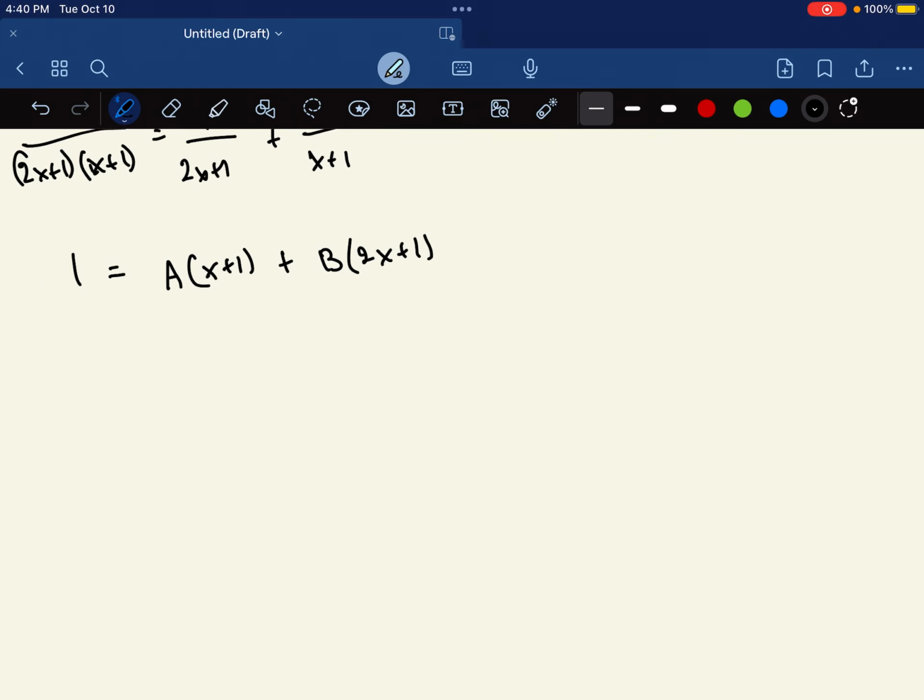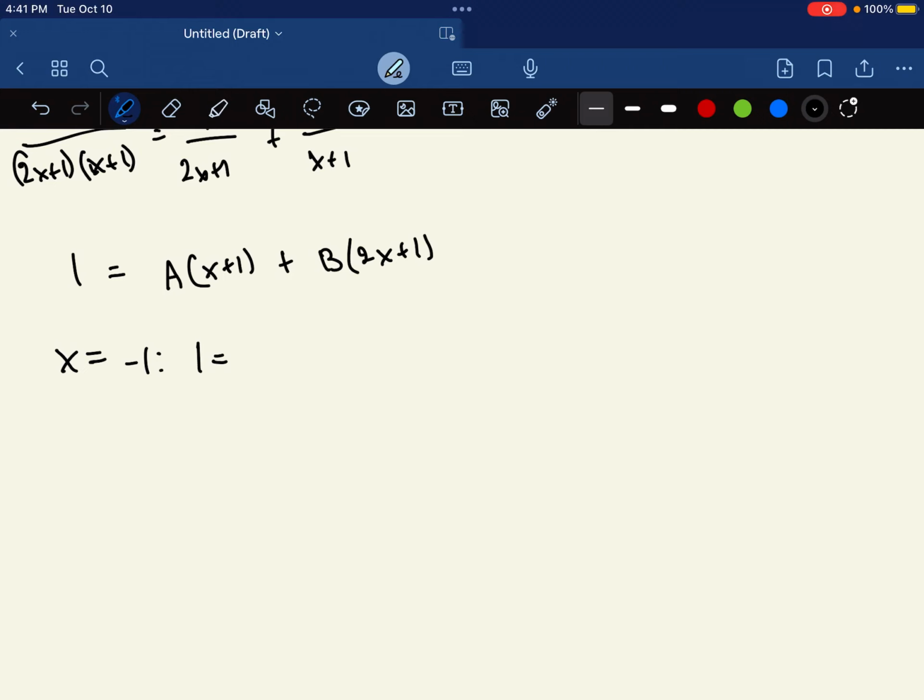Now we've got to find A and B, and we notice that if x equals -1, that makes this thing equal 0, which is how we're going to find B. So x equals -1.